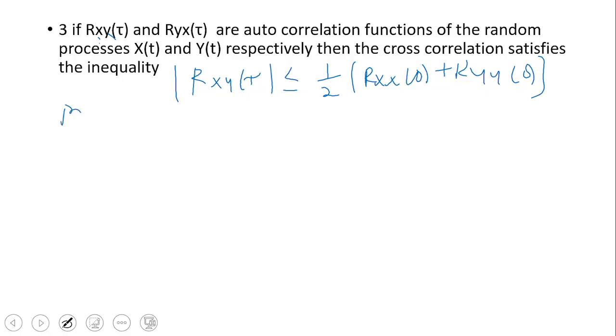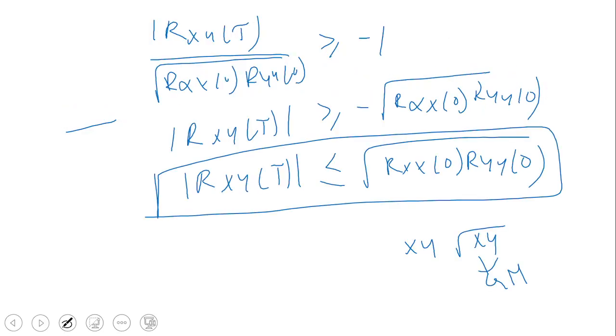Okay, so if you go for the proof of this property, we said in the previous one that root of xy is the geometric mean. If you go for the arithmetic mean, x plus y by 2 is the arithmetic mean of the two values x and y, and root xy is called the geometric mean.